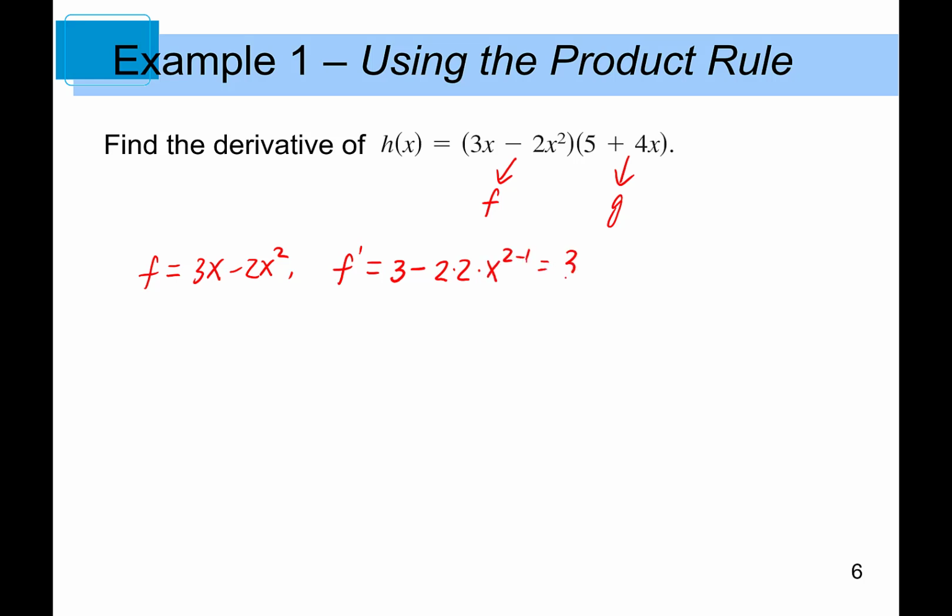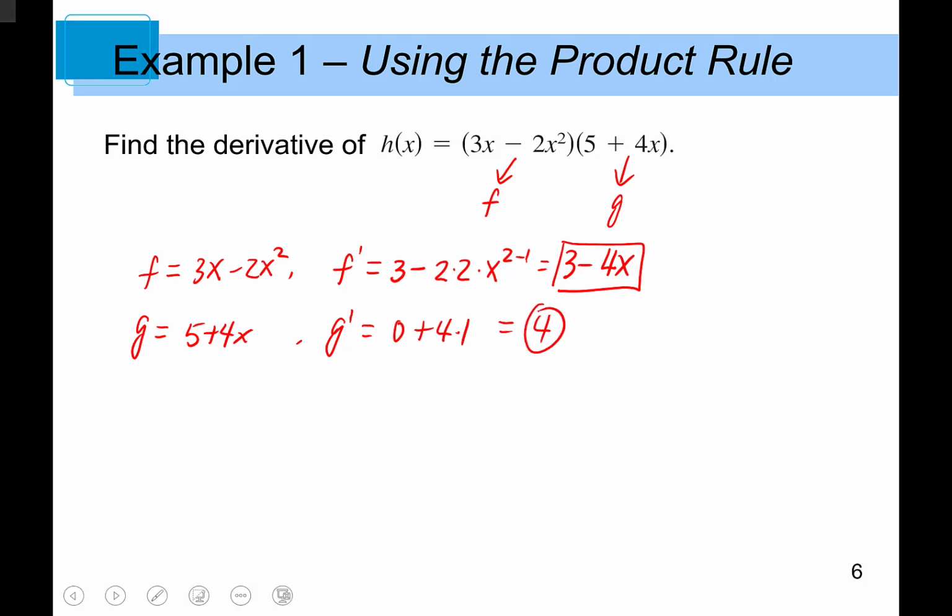So this becomes 3 minus 4x. That's f prime. Now g equals 5 plus 4x. So g prime: the derivative of 5 is 0, the derivative of x is 1, so 4 times 1. We end up with 4.